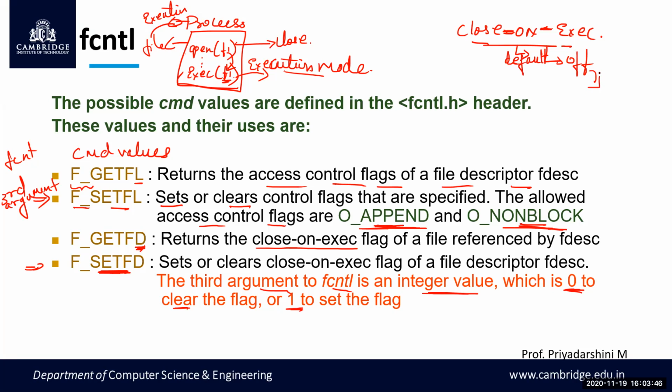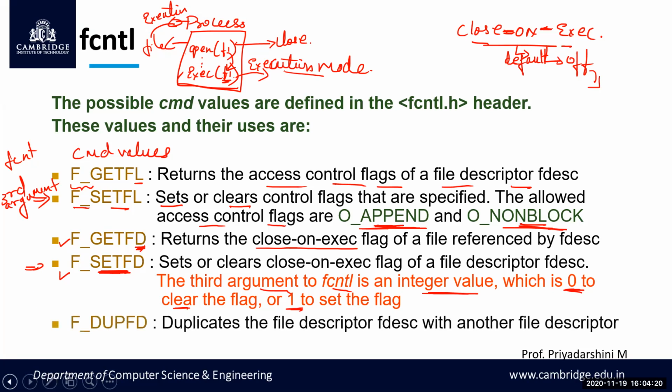When I know that in my program, after opening and reading the content of file one, I have to execute this file F1. While putting F1 into execution mode, I should set the close on exec bit on. To set that bit, we use set FD, or to check whether it is off or on, I need to use get FD. Hope you have understood this.